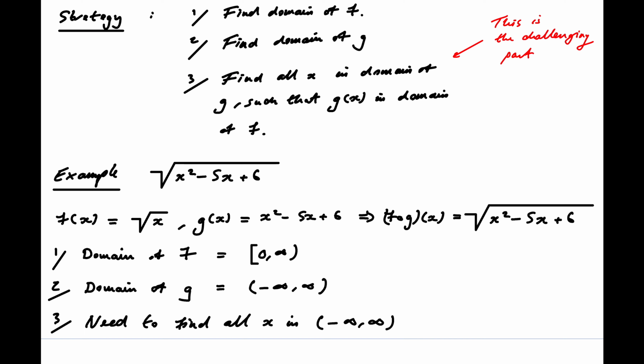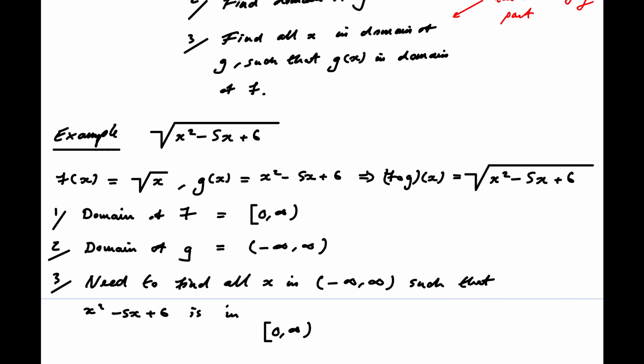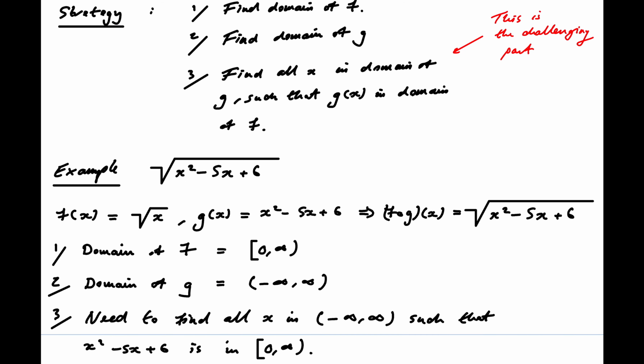So I'm just writing out 3 word for word almost, such that g(x) is in the domain of f, so such that x squared minus 5x plus 6 is in the domain of f. So that's me writing 3 basically word for word in this specific case.